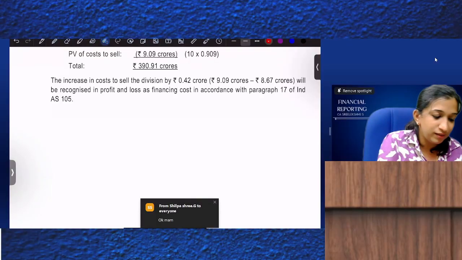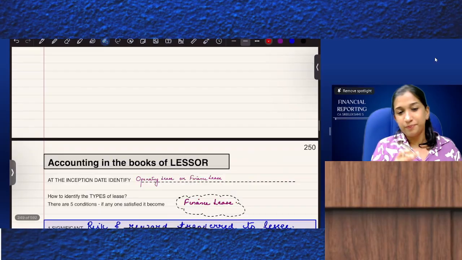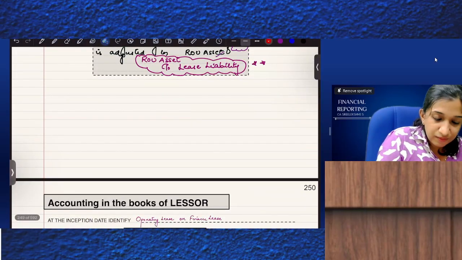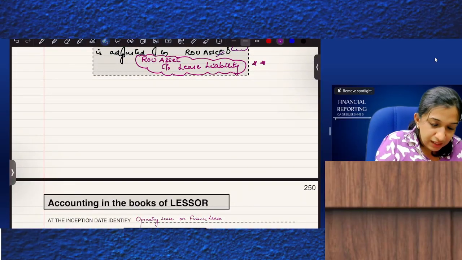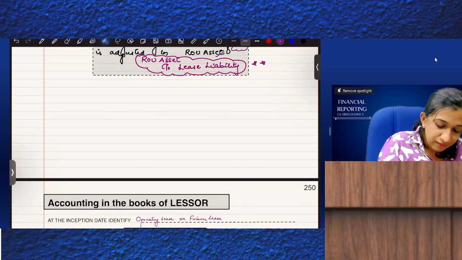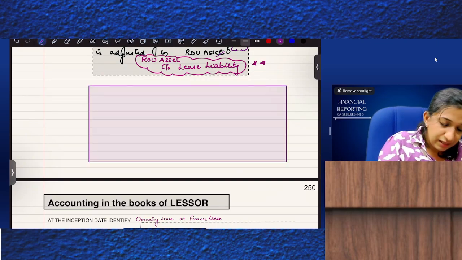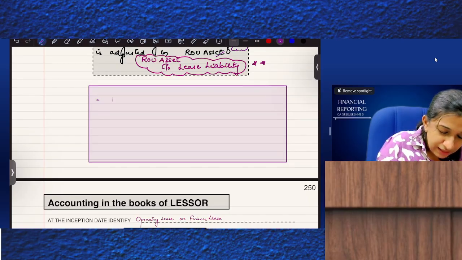Let's go back to theory. In the books of lessee, these are the areas: accounting in the lease liability computation, 5 points.